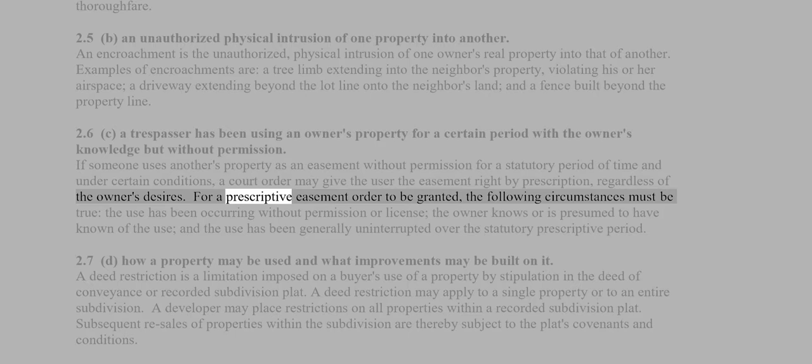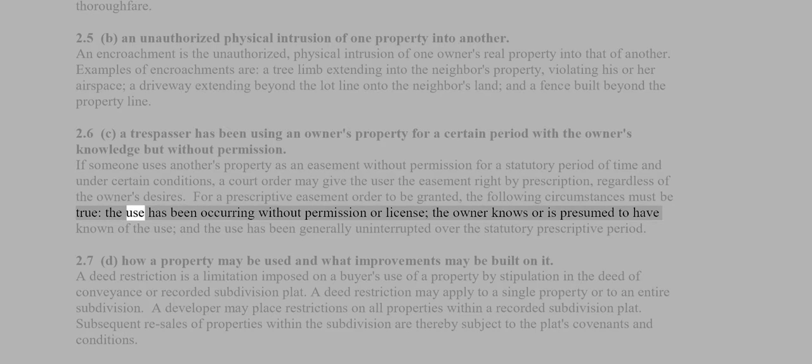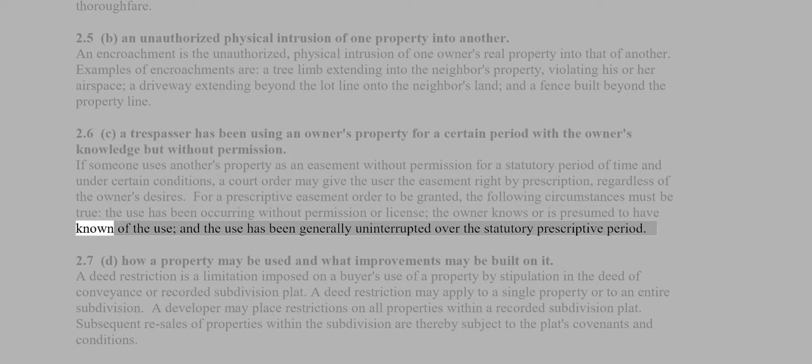For a prescriptive easement order to be granted, the following circumstances must be true: the use has been occurring without permission or license, the owner knows or is presumed to have known of the use, and the use has been generally uninterrupted over the statutory prescriptive period.